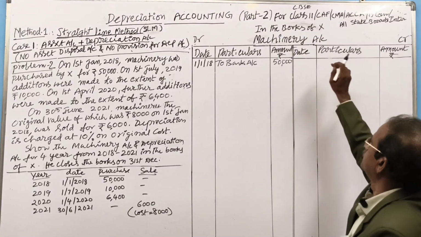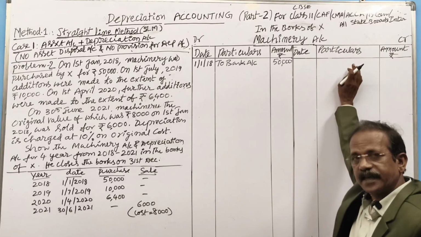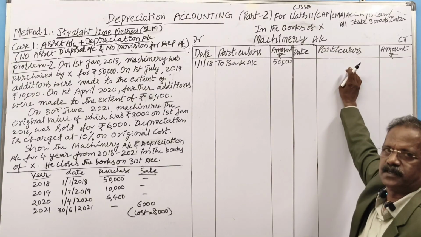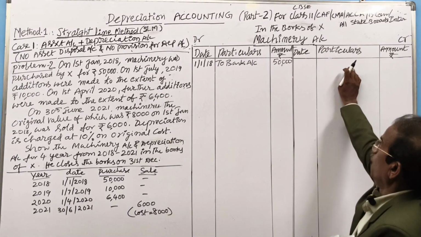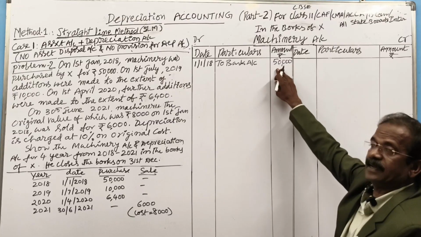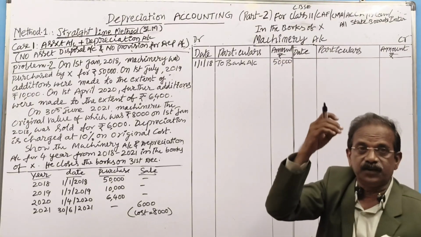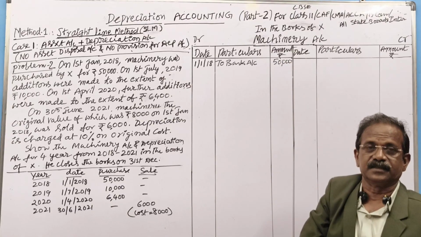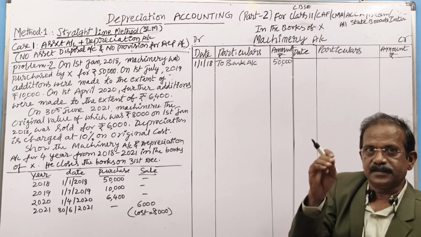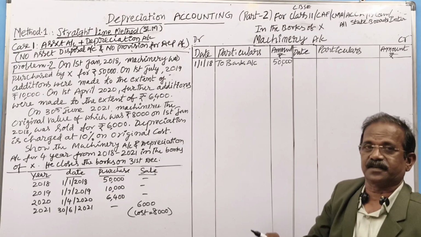That is the rule. Why depreciation is credited? You must know it. As a beginner, you must know it. See, when you are using this asset, the asset's value is gradually decreasing. So there is a decrease. The decrease is in the form of depreciation.